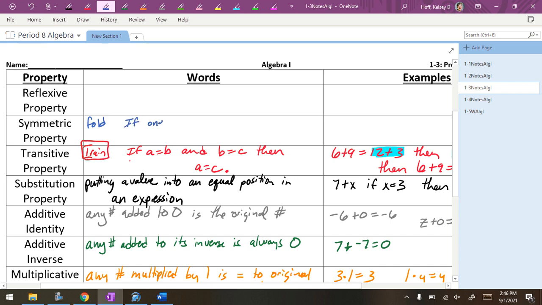If one quantity equals the other, then the second equals the first.